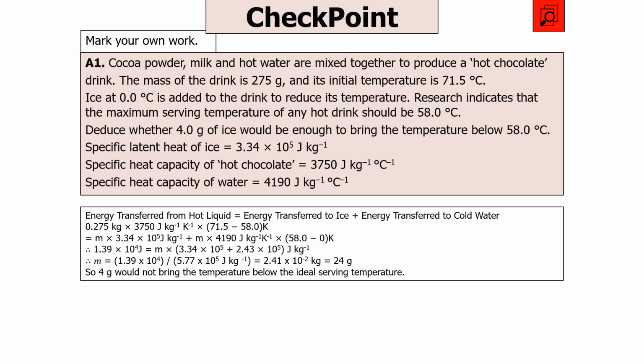So we can work that through, and we've got m coming out as a constant term. As you can see here, m is going to equal 1.39 times 10 to the 4 over 5.77 times 10 to the 5, which equals about 24 grams. So adding 4 grams wouldn't bring the temperature below the ideal serving temperature. You would in fact need 24 grams for this to work.